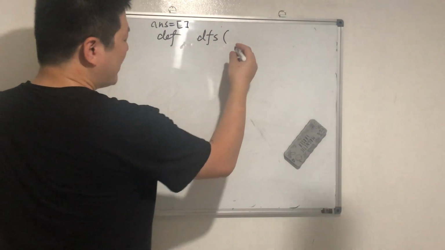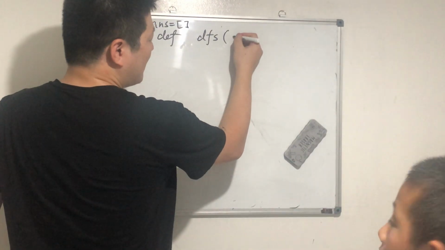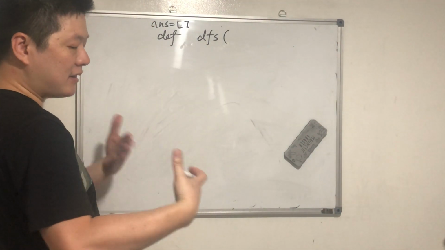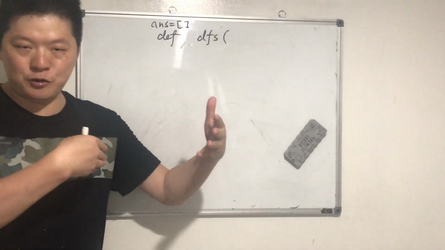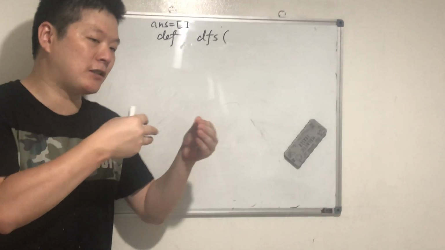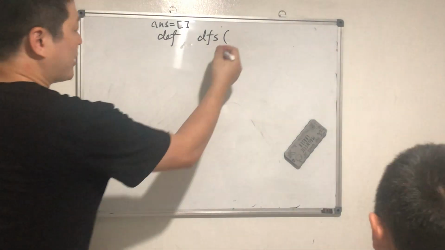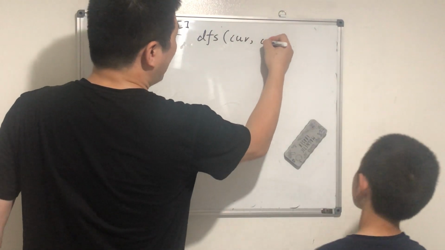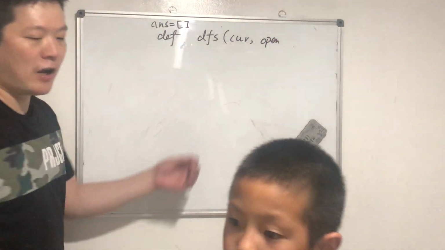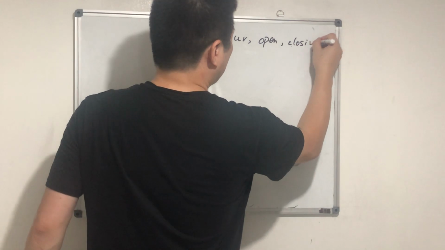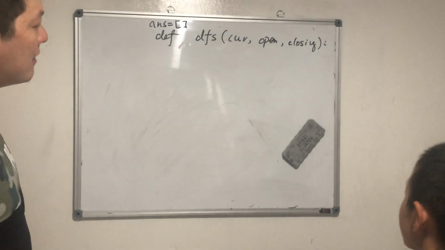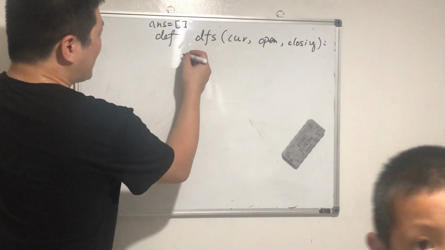And now we need to remember the current solution, the current string, the current part of the valid parentheses string, so we call it current, right? And then the current number of opening parentheses, and then the closing parentheses.